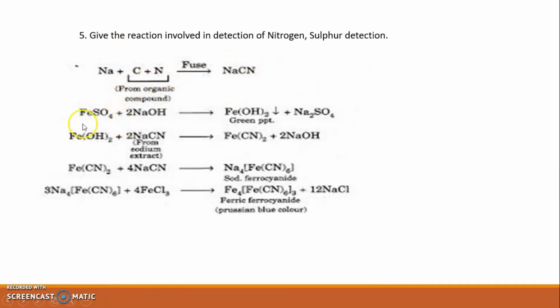Ferrous sulfate and sodium hydroxide form a green precipitate, and when ferrous sulfate reacts with the sodium fusion extract, it forms sodium ferrocyanide, and further the sodium ferrocyanide is converted into ferric ferrocyanide having a Prussian blue color, whereby sodium chloride is the byproduct. This is the reaction involved in nitrogen detection.